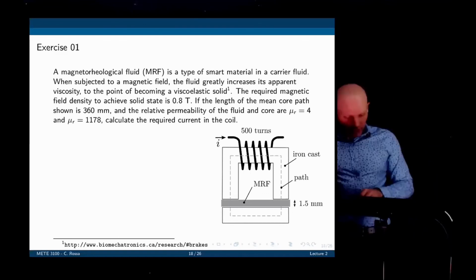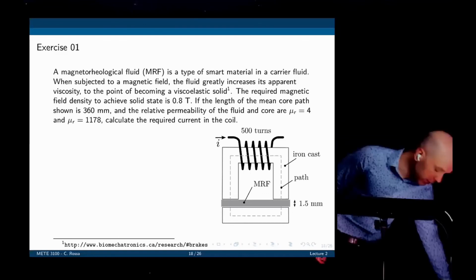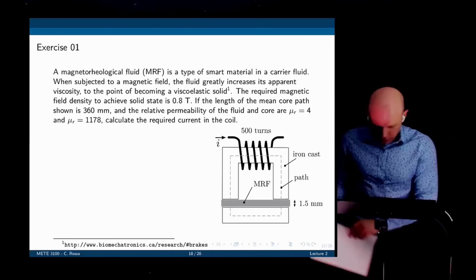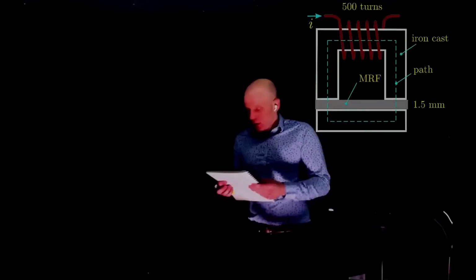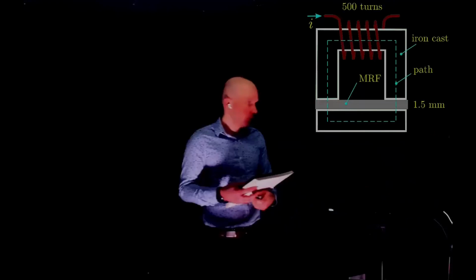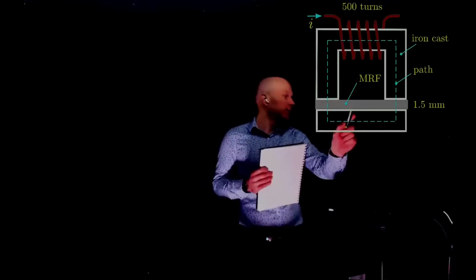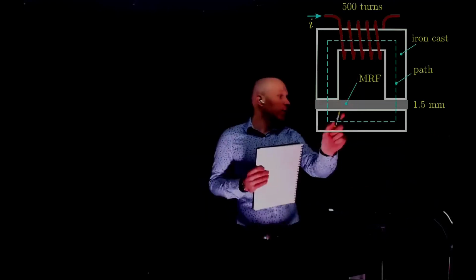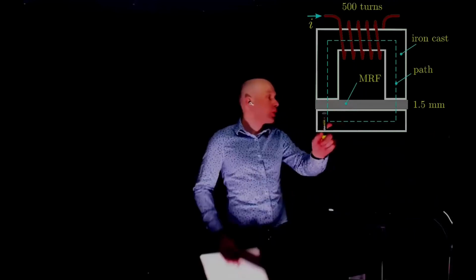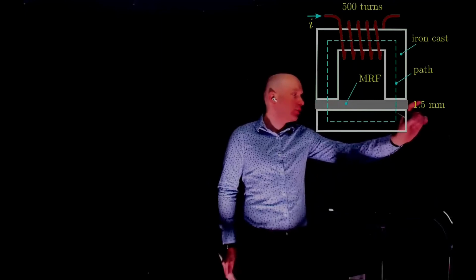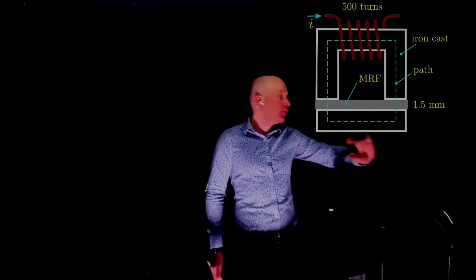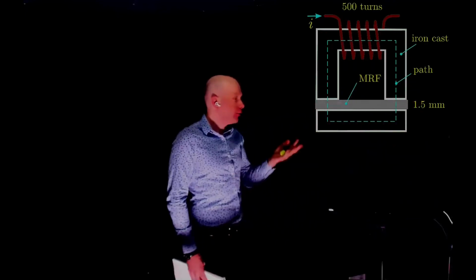We want the magnetic field to be established in the core, right here, and you want this to be 0.8 Tesla. What is the current required to achieve 0.8 Tesla through this material? This is the fluid, but you also need to go through the core that has a different permeability.